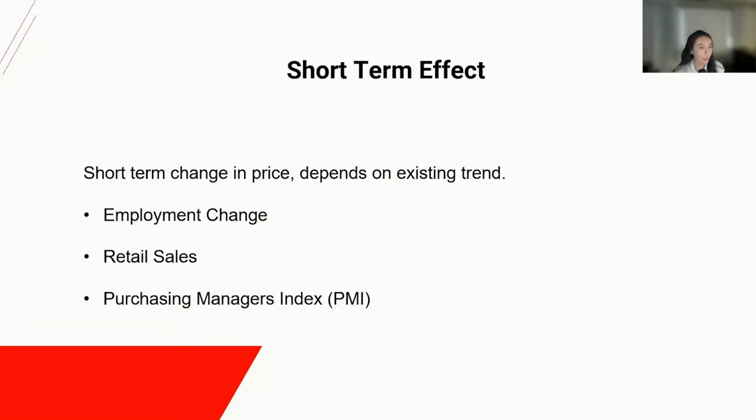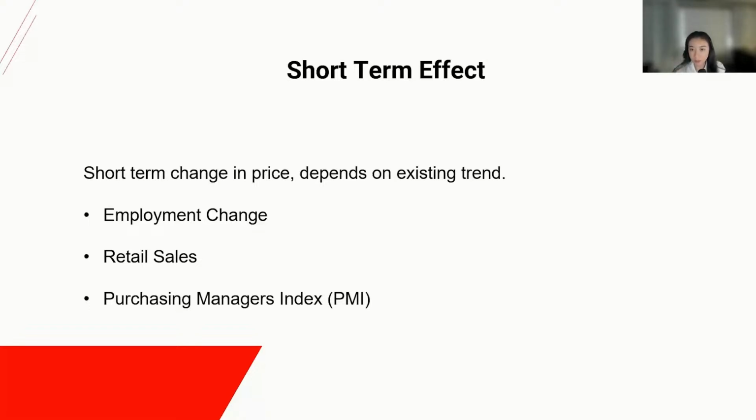So lastly, the PMI. PMI is a survey of purchasing managers in the manufacturing sector that measures the level of business activity. The PMI can have a short-term effect on forex trading. It provides insight into the strength of the manufacturing sector and the overall economy. A high PMI indicates increased manufacturing activity and a growing economy, leading to a stronger currency.